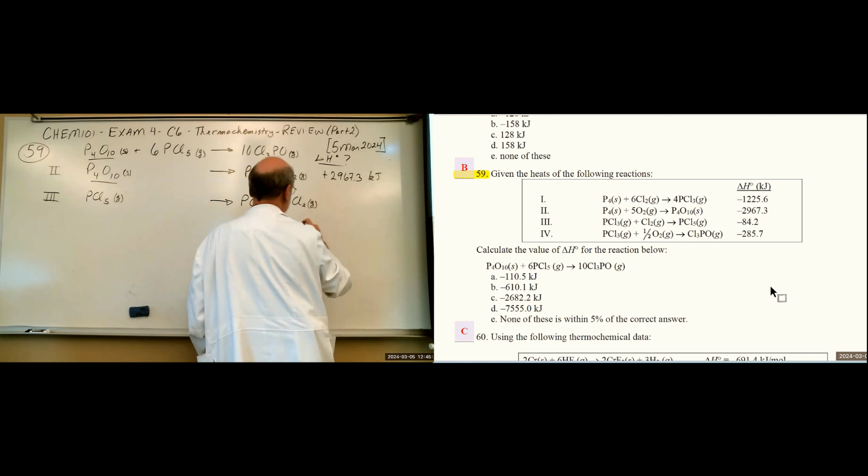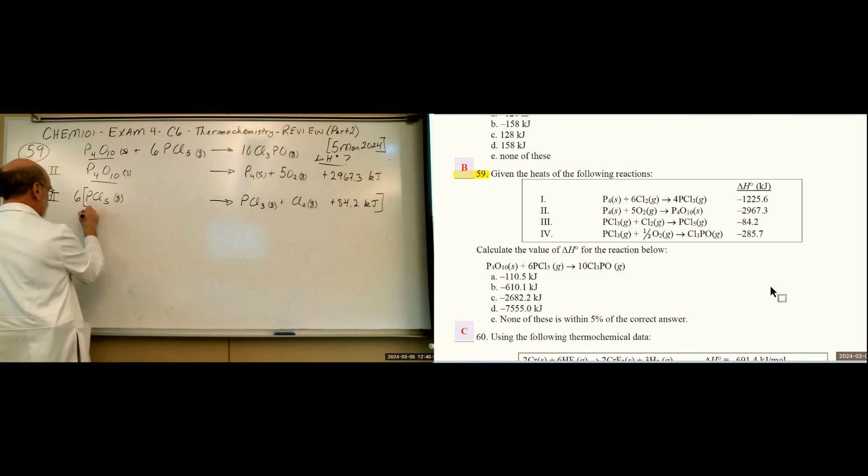Okay, and we need to reverse, plus 84.2. That's not the only problem. We need 6 of these. So we've got to multiply the whole thing, including the enthalpy, by 6.